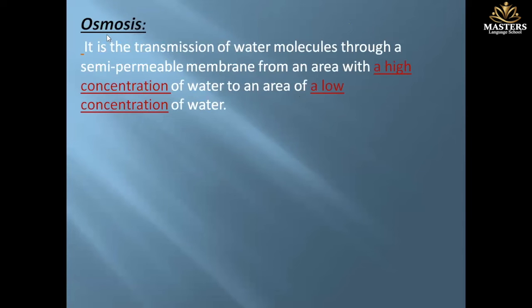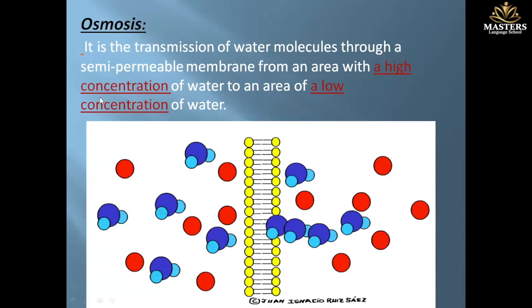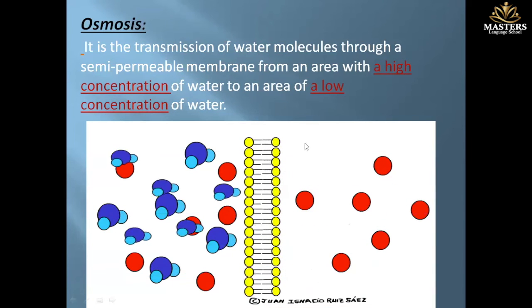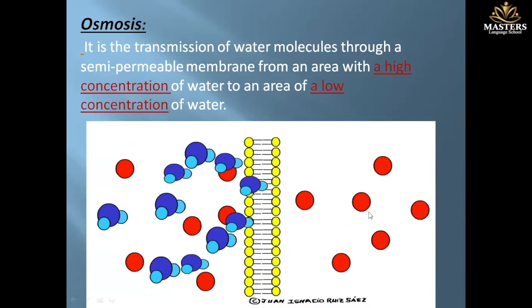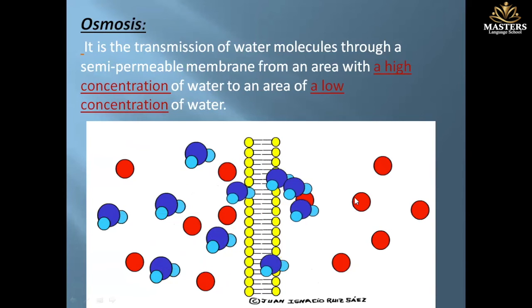And there is an important property called osmosis. Again, osmosis. It is the transfer of water molecules through a semi-permeable membrane from an area with high concentration of water to an area of low concentration of water.